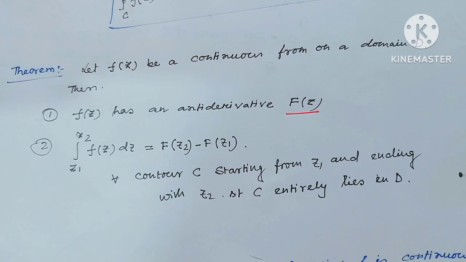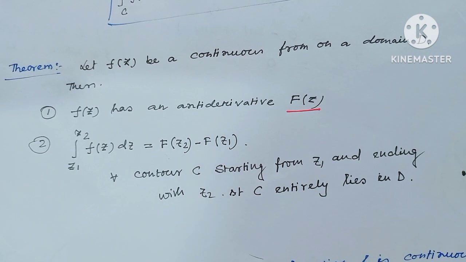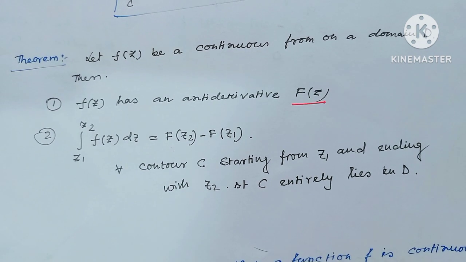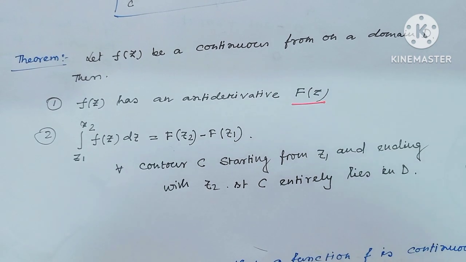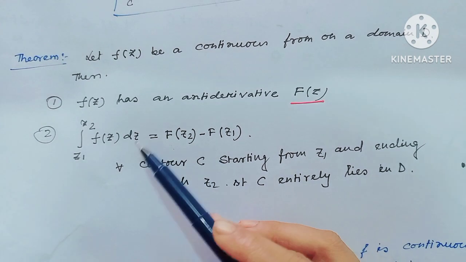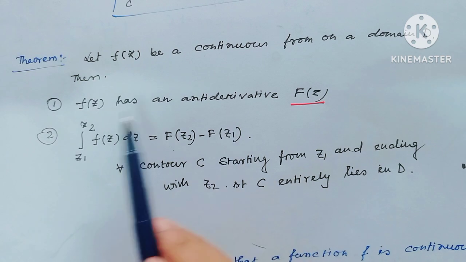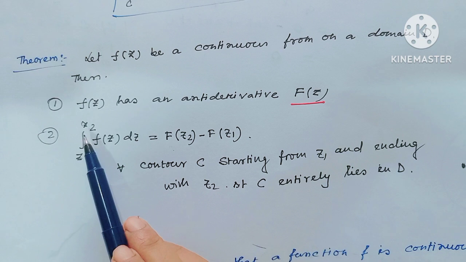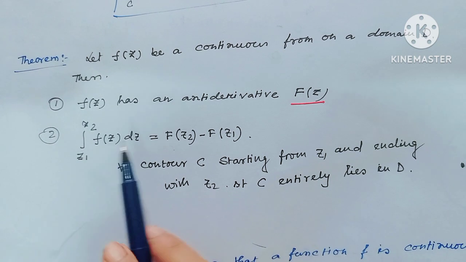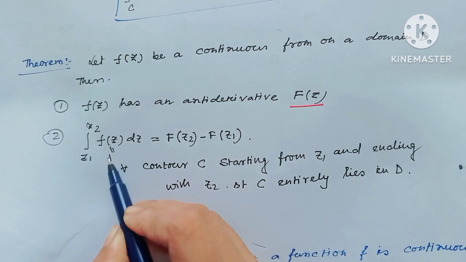Let f(z) be continuous on a domain D. Then f(z) has an antiderivative capital F(z). Second, the integral from z1 to z2 of f(z) dz, since capital F is the antiderivative of f, equals capital F prime z.